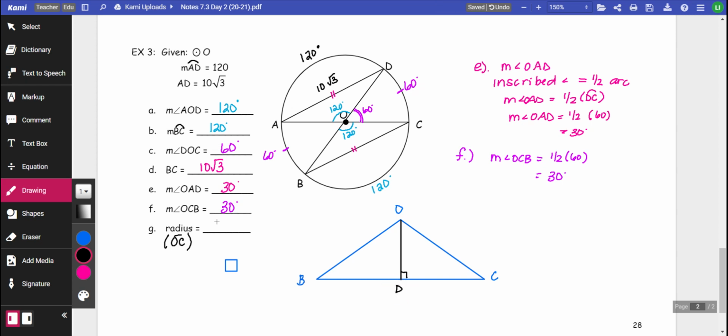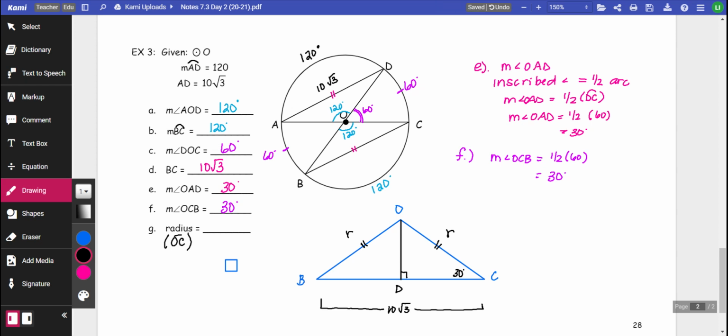We previously found that the measure of angle OCB is 30 degrees. The total length of my base, segment BC, is 10 root 3. My triangle OCB is isosceles because segments OB and OC are both radii.